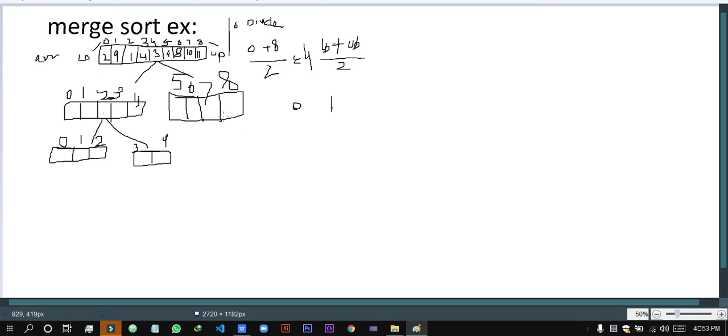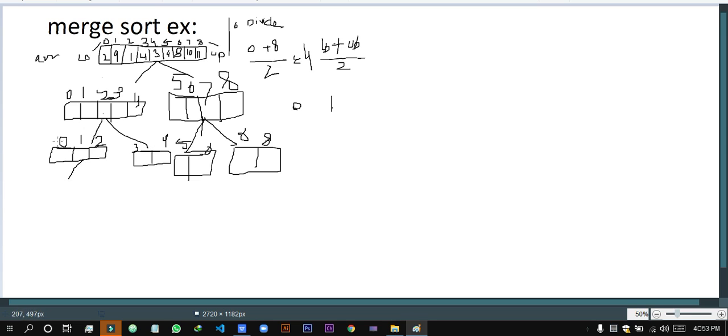Okay, same like this. Lower bound is 5 and upper bound is 8. 5 plus 8 over 2, that is the central. So from there we will divide it into two parts, 5 and 6, and over there 6 and 8. We apply the same formula to get one element.